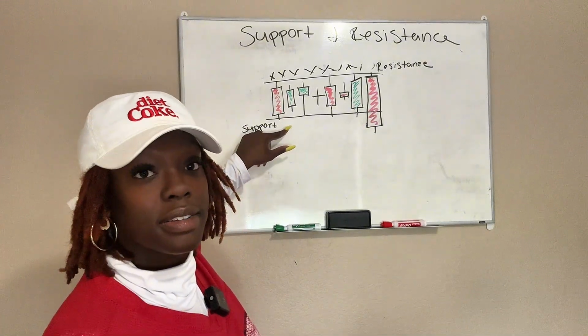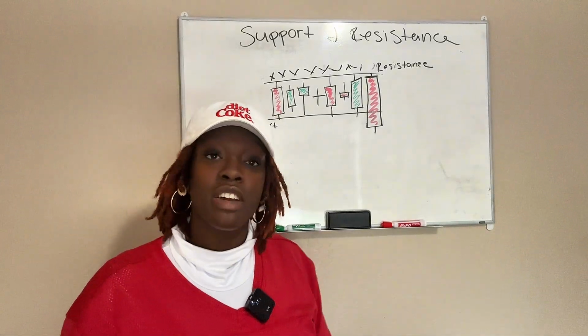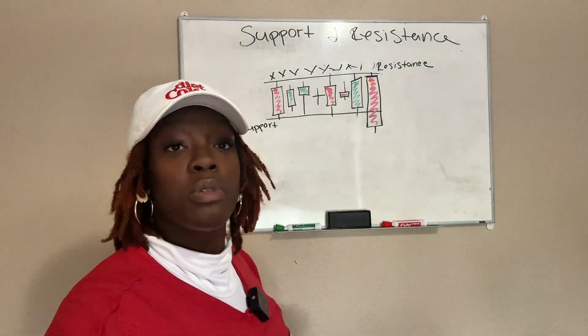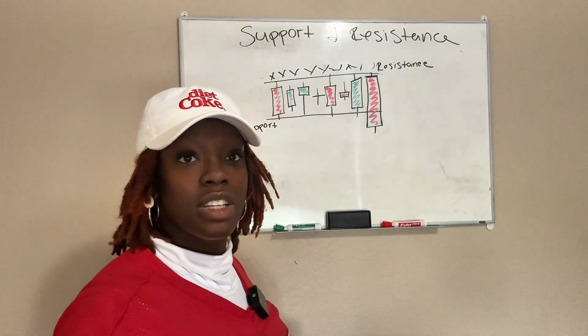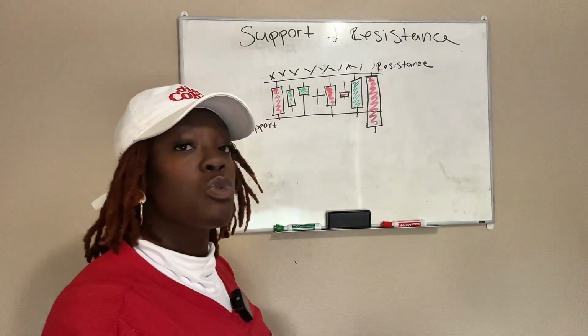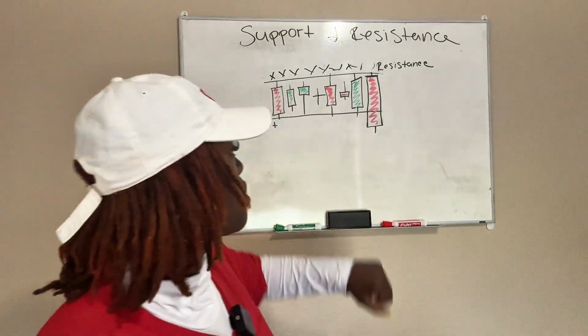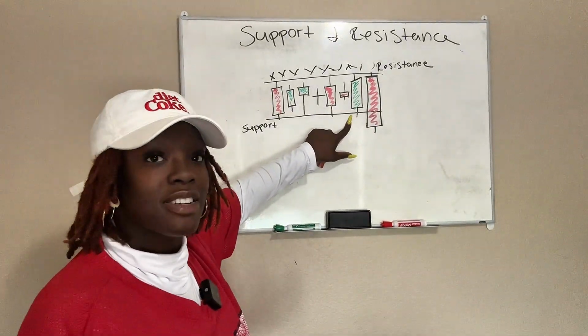Now imagine if a group of us, let's say 10 of us, locked arms side by side, and somebody ran through us. What are we going to do? We're going to push back. That's what the buyers do.